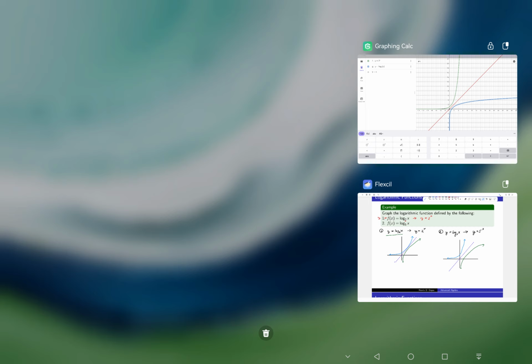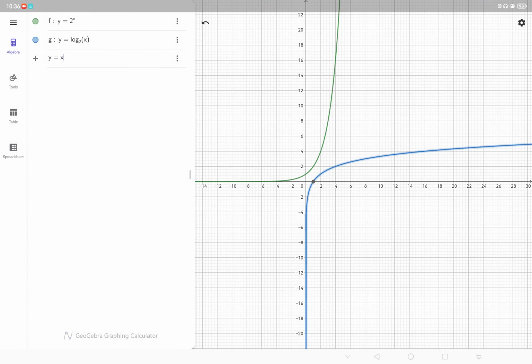Okay, as you can see, for number 1, yes, these are the graphs. But most importantly, the graph of y equals log of x with base 2 is this blue curve.